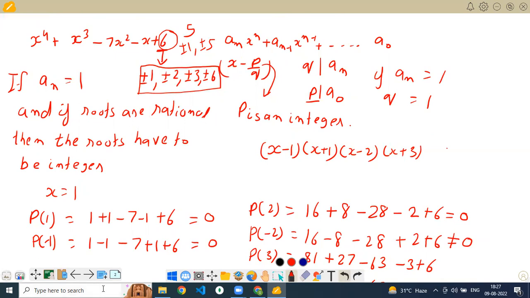I'll explain it. Suppose this is a polynomial, plus, let's say, 9. The factors of 9 are plus minus 1, plus minus 3 and plus minus 9. So if an is 1, here the power is n, so an is 1.